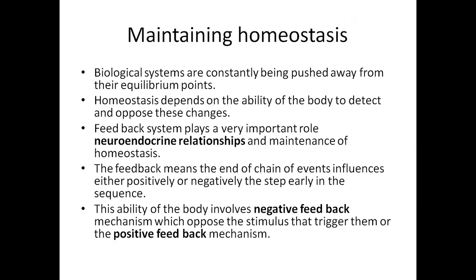Based on whether it is bringing about a positive change or a negative change, there are two types of feedback systems. Number one, negative feedback system. Number two, positive feedback system.